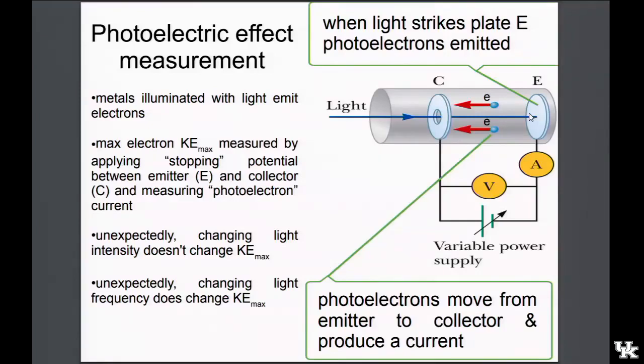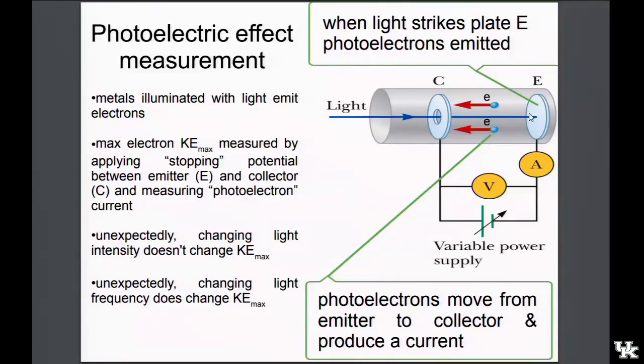Specifically, it determines the maximum energy of the electrons, because in reality, when you shine some light on a metal, electrons are boiled off with all sorts of energies. What we can measure by collecting the electrons on the collector is the maximum energy that those electrons have.